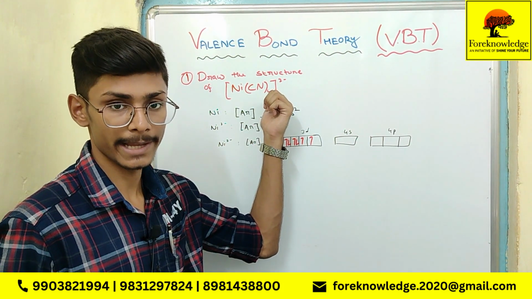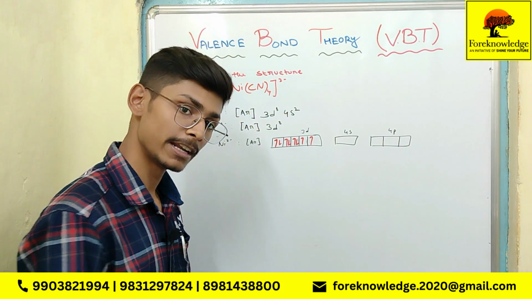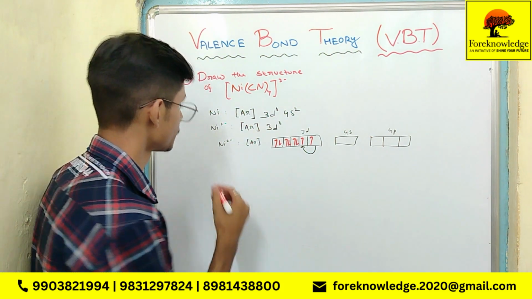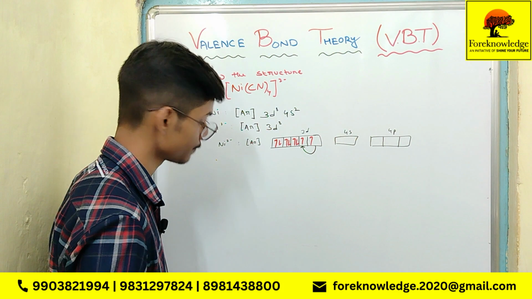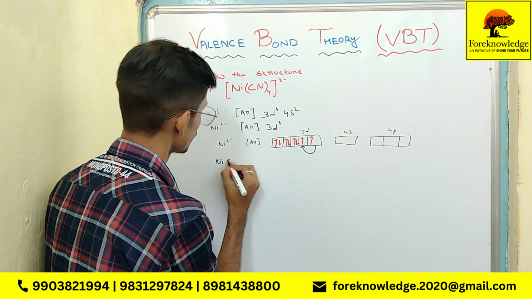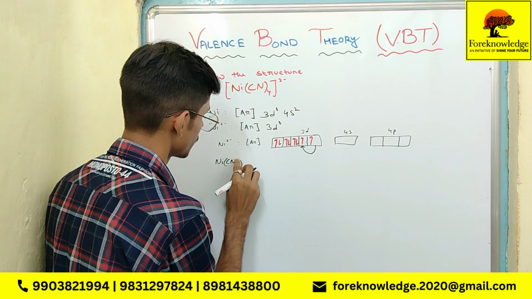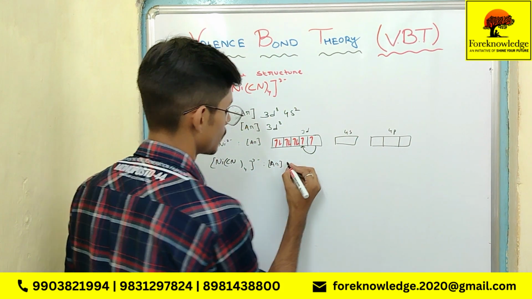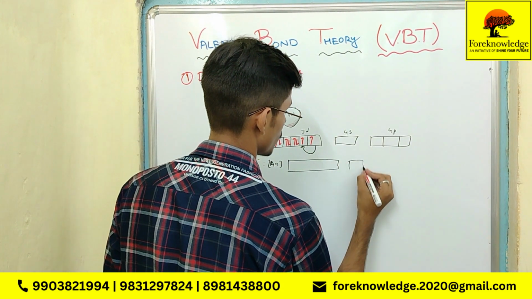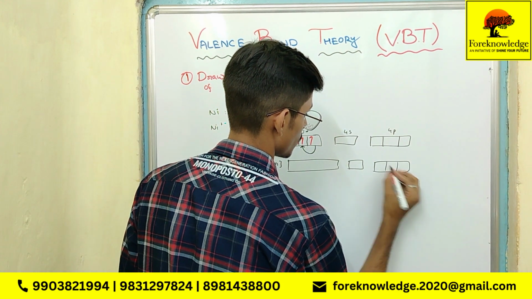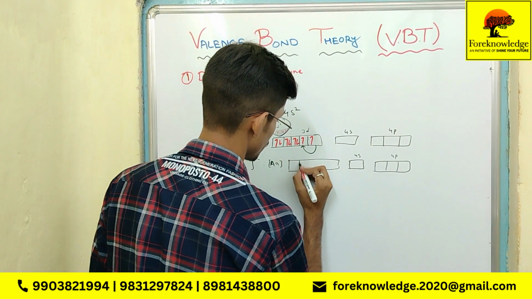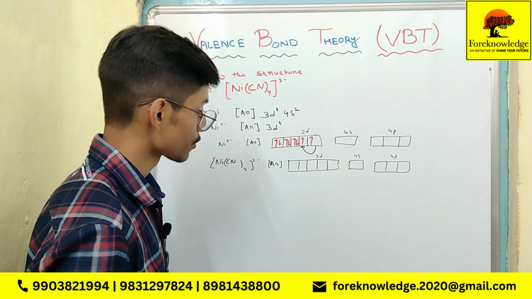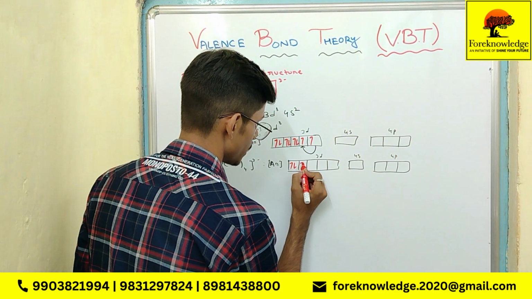So here a strong field ligand is present, that is CN. So pairing of electron will take place. So this will go here. So pairing of electron will take place and it will look like this.